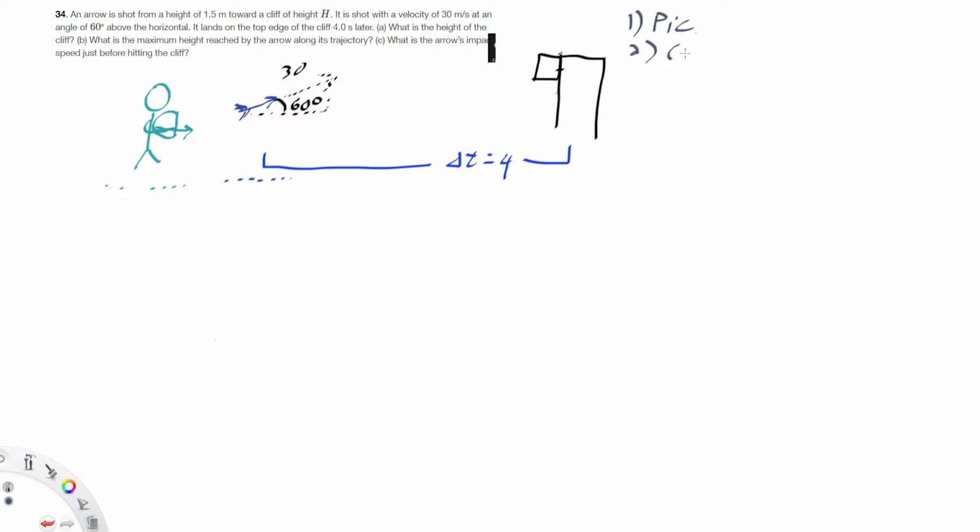We follow it up by specifying our coordinate system. So what seems natural to me for this problem is to say that to the right is the positive x direction and that up is the positive y direction. I'm also going to specify that the origin is the spot on the ground right below the arrow when it's fired.